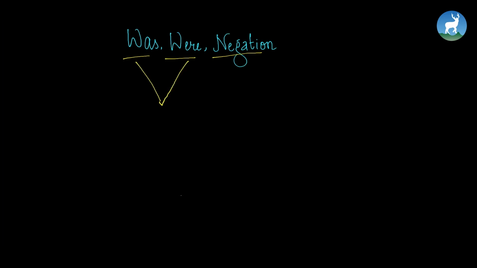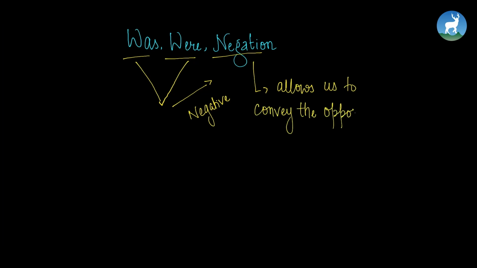Here we'll deal with was and were first and then go to the negative of was and were. So as I said, negation allows us to convey the opposite meaning of a statement.